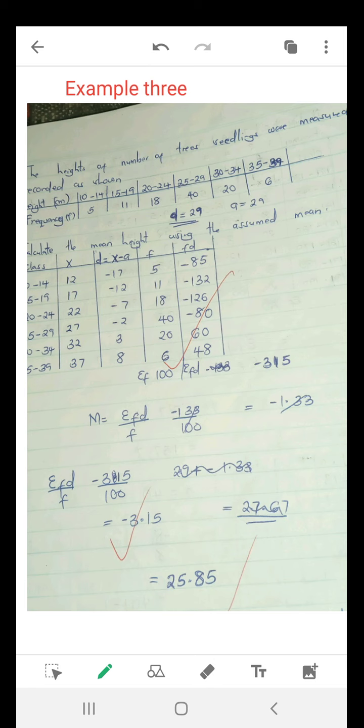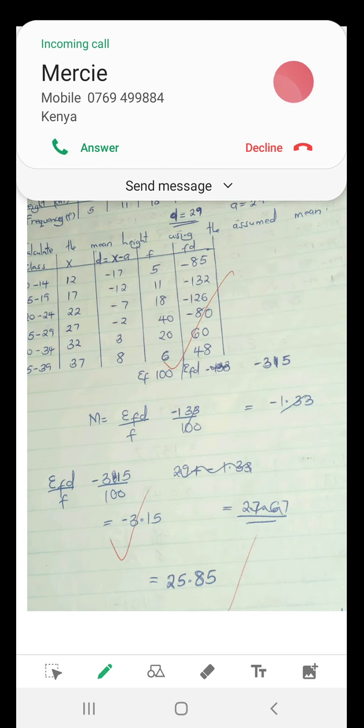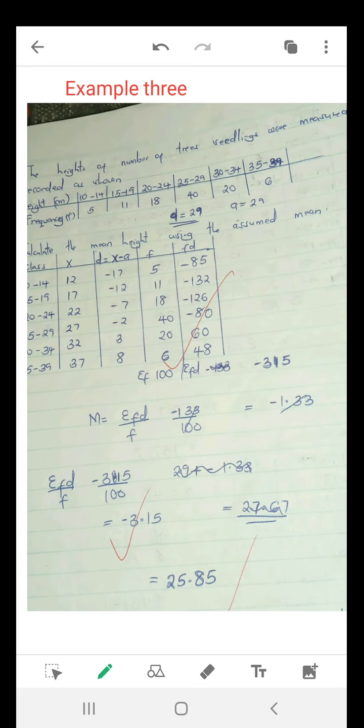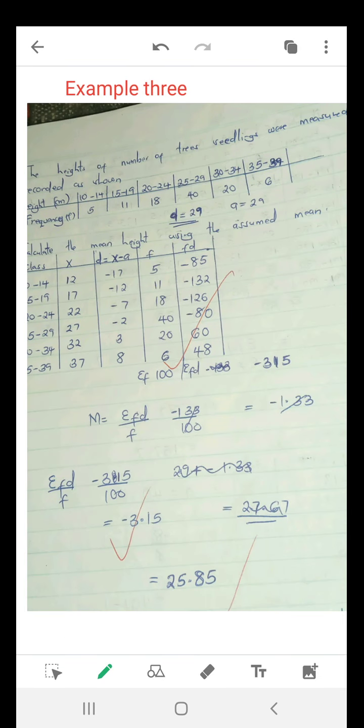Then 37 minus 29, I get 8. Okay, those are my deviations.